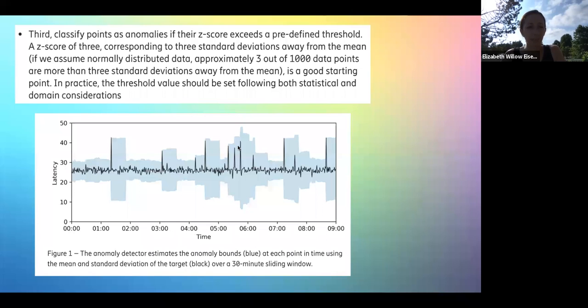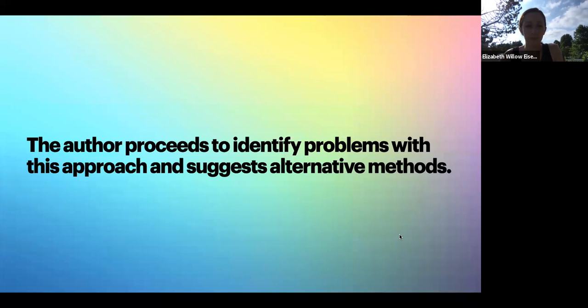For example, a z-score of 3 would correspond to 3 standard deviations away from the mean if we assume normally distributed data, and that's a good starting point. In practice, the threshold value should be set following statistical and domain considerations. There are going to be some norms within the context of your company or your specific problem.